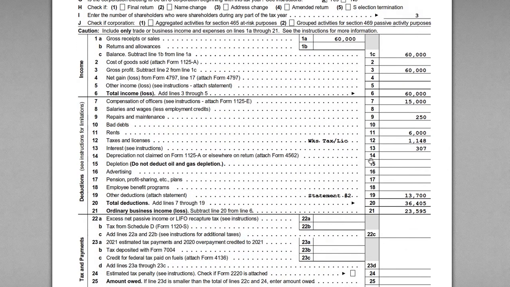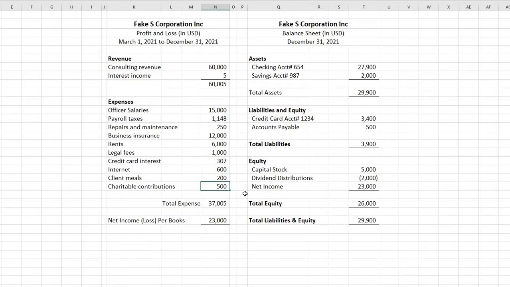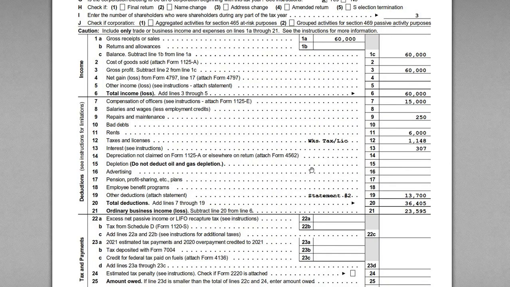Okay, so if we go back to page 1 here, let's go through some of the expenses and see how these match up with our P&L. So if we look at our P&L, we've got the consulting revenue. Remember, that's being reported on page 1. The interest is not. It's being reported on Schedule K. Officer salaries, that can go on page 1. The payroll taxes, repairs and maintenance, all of these items, go ahead and enter them onto the 1120S, and they should flow through to page 1 here, right?